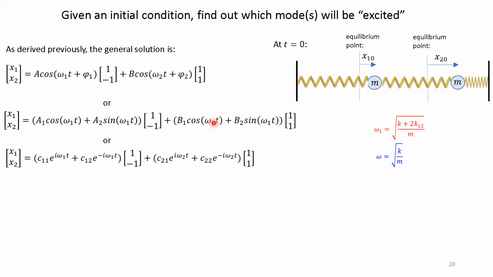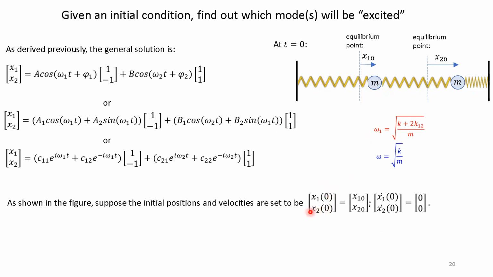Now the initial conditions, as shown in the figure, are given over here. x1 at time equals 0 is x1 naught, and x2 at time equals 0 is x2 naught. And I assume that x1 dot, the velocity of x1 at t equals 0, is 0. The initial velocity of the other one is also 0.